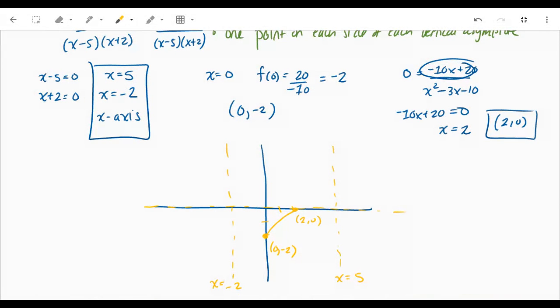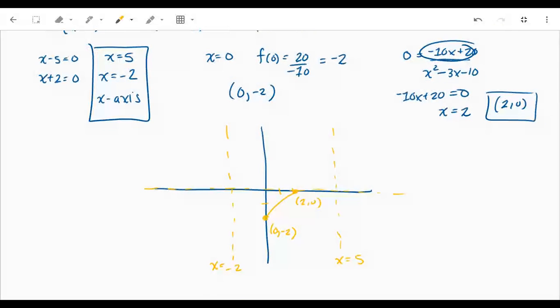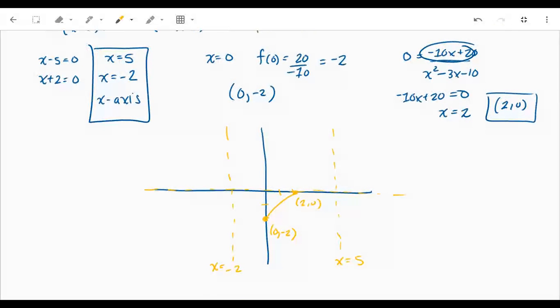I would do one value to the left and right of each asymptote. So I would want to do f of -3, f of -1, f of 4, and f of 6.